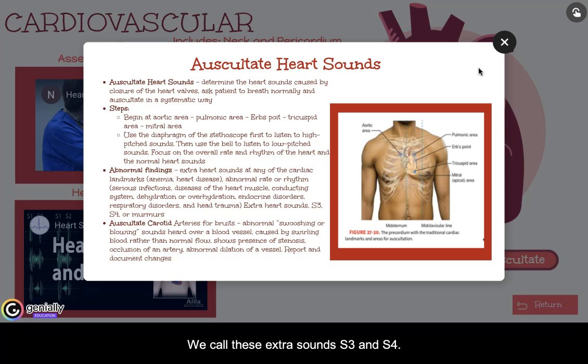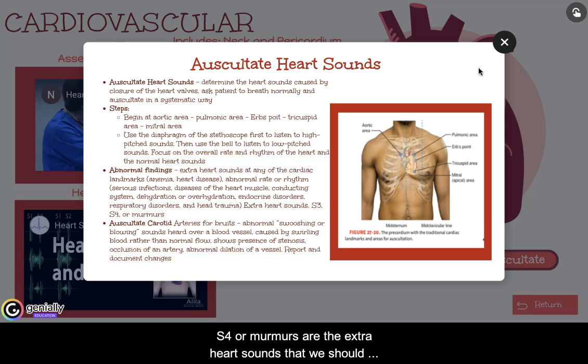We call these extra sounds S3 and S4. So S1 and S2 are your lub-dub. These are normal. S3, S4, or murmurs are the extra heart sounds that we should not hear, and they're not normal. You auscultate the carotid arteries for bruits, any abnormal swooshing or blowing sounds.